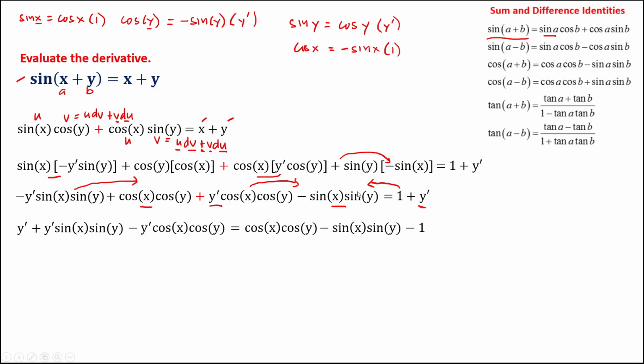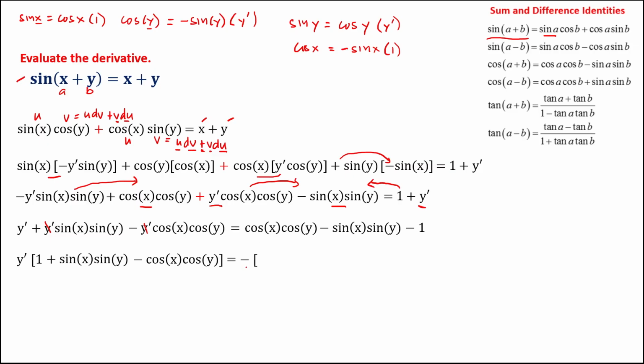Then on the left side, we need to factor out this Y prime. So Y prime divided by Y prime is 1, then plus sine X times sine Y divided by Y prime, then negative cosine X cosine Y. Then on the right side, we need to put the negative outside.